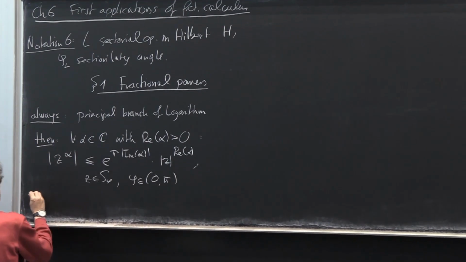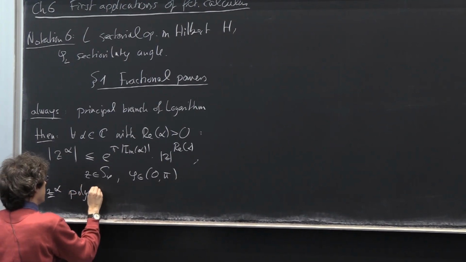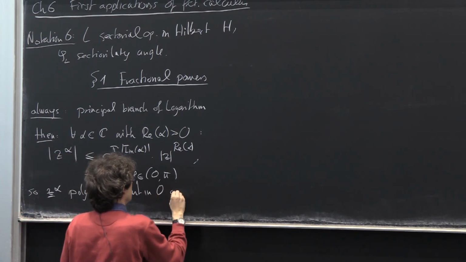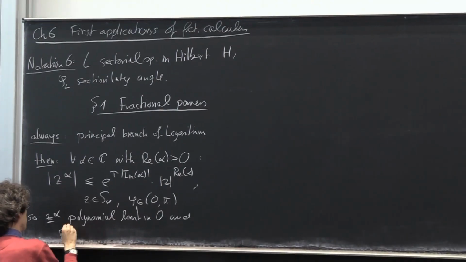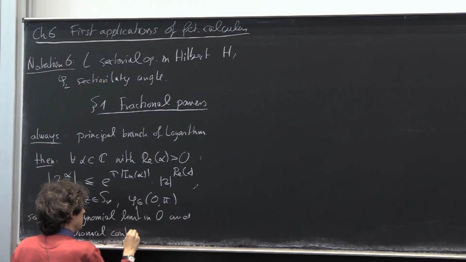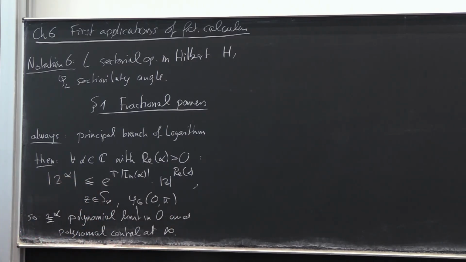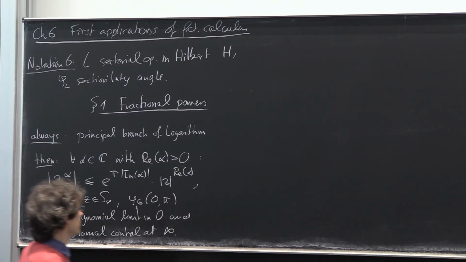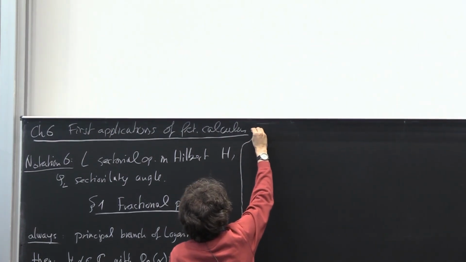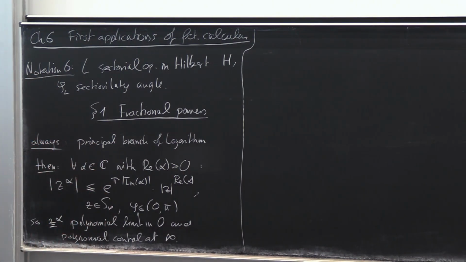So this function z to alpha has a polynomial limit in 0 and polynomial control at infinity, and we saw in the last lecture that in this case this is a regularizable function in our functional calculus, whether L is injective or not. This can be regularized by the regularizer that always works.